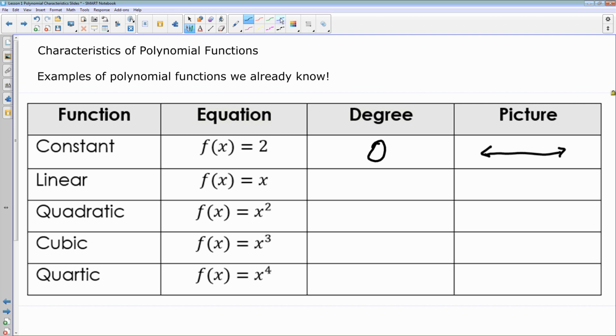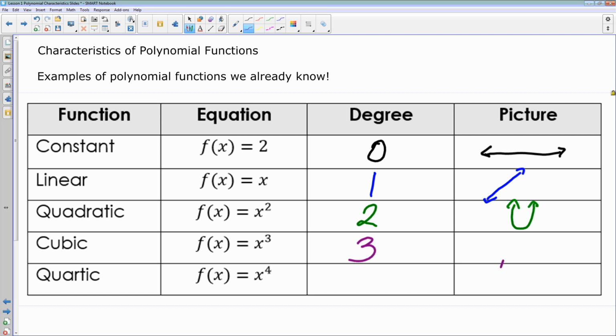Well, if we're dealing with a linear function, is what the next one's called, that has a degree of 1, because x is the first power, and that's going to look like a nice diagonal line. We figure out our slope, rise over run. For the next one, f of x equals x squared, that's called a quadratic. The degree is 2, and the picture looks like a U shape. Remember, that's also called a parabola. Cubic, f of x equals x cubed, has a degree of 3.